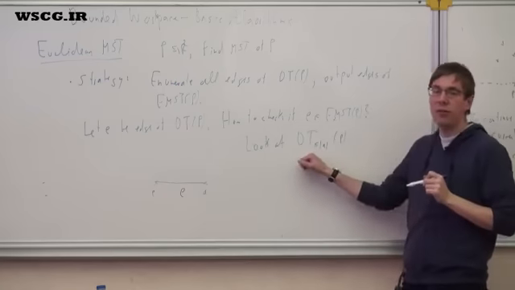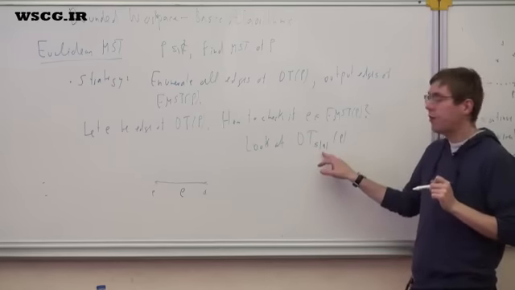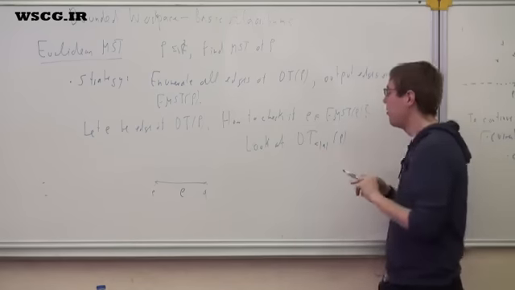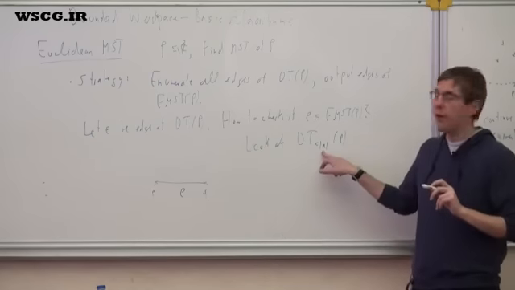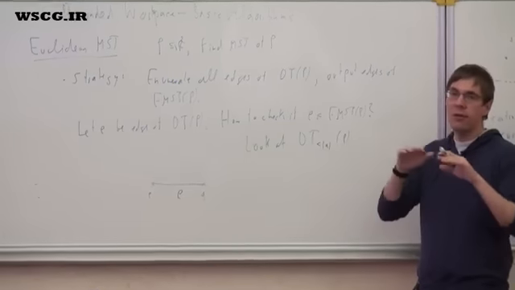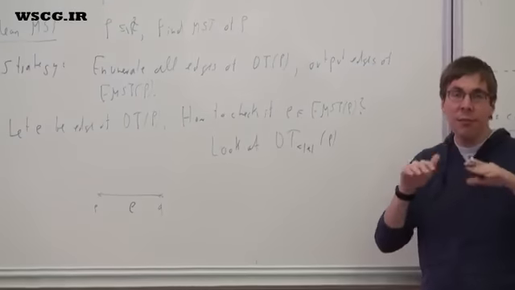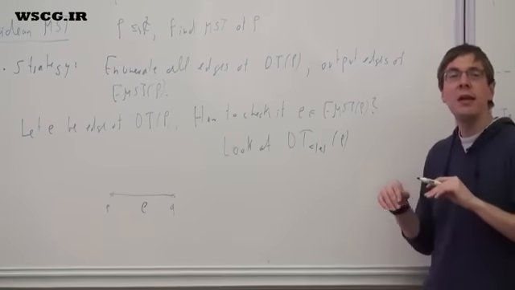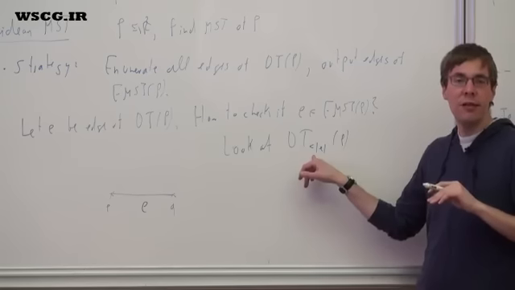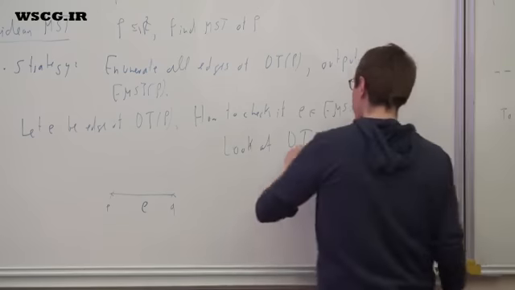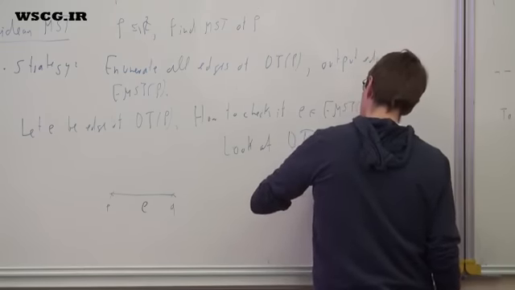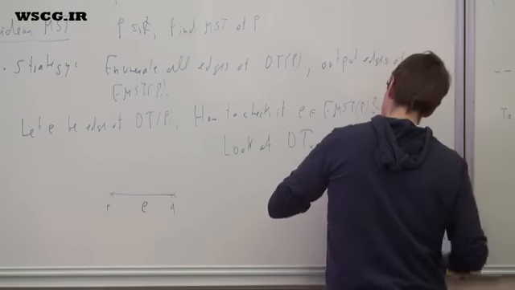These are all edges of the Delaunay triangulation whose length is strictly less than E. So I look at the subgraph of the Delaunay triangulation of P, consisting of all the edges that have length less than E. This is the subgraph with short edges.